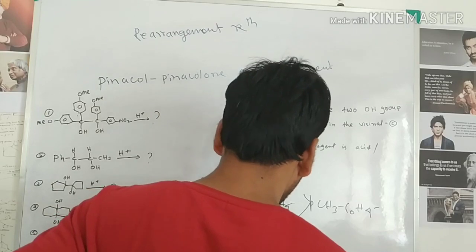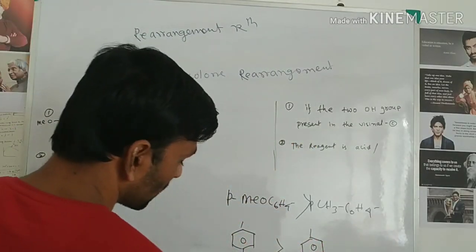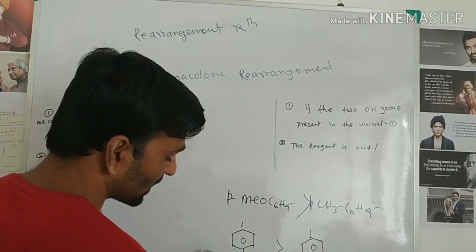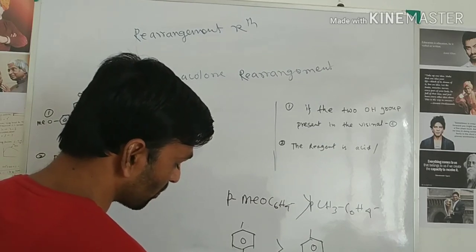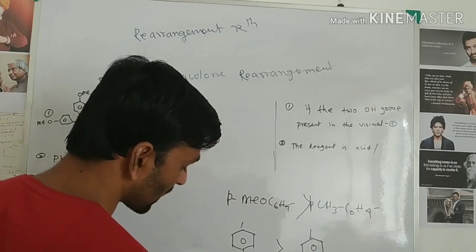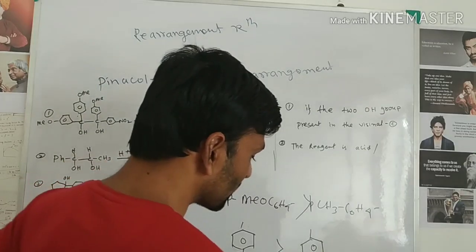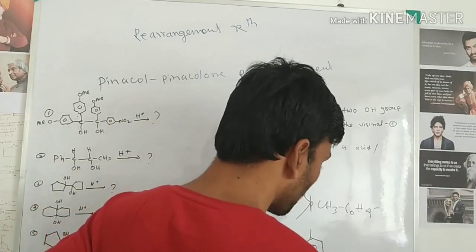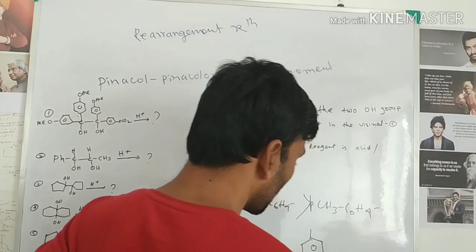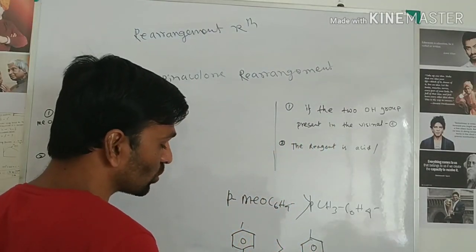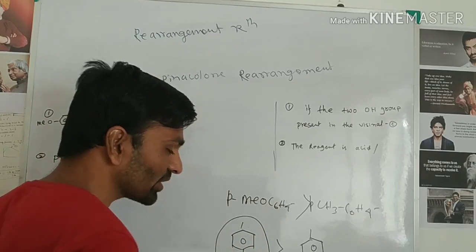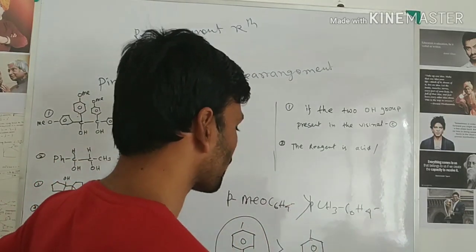Here the electron donating ability of this oxygen is more due to the plus R effect, and this also has a plus I effect, and this donating ability is more, so this group has greater migratory aptitude than this.